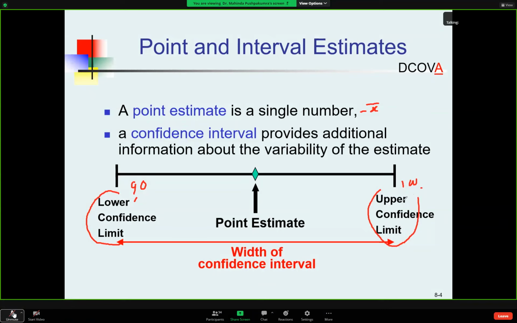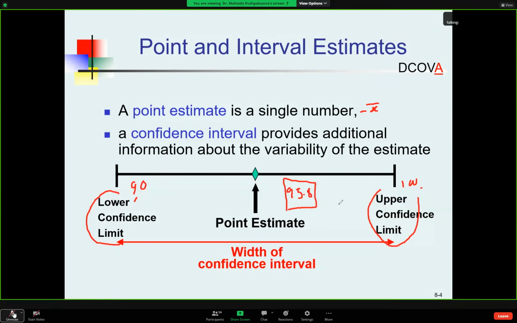Then my statement is: I am 95% confident the population mean is between 90 and 100. Why do I say this? Because the sample mean is 95, and it is based on one sample.